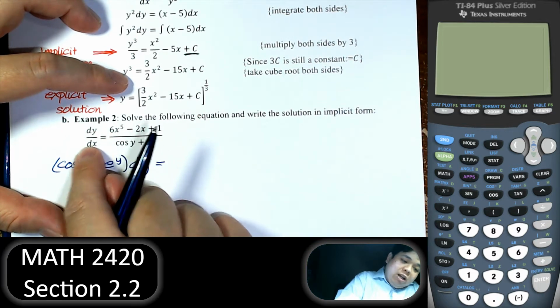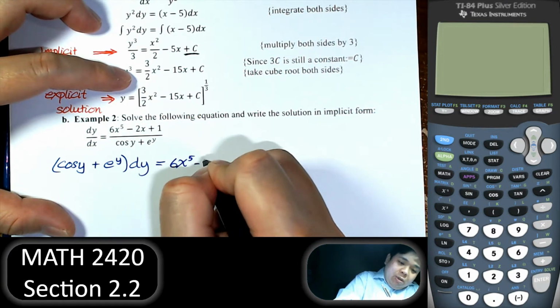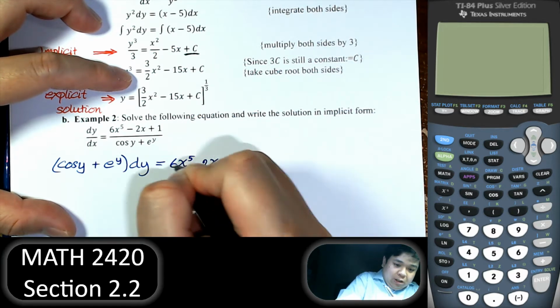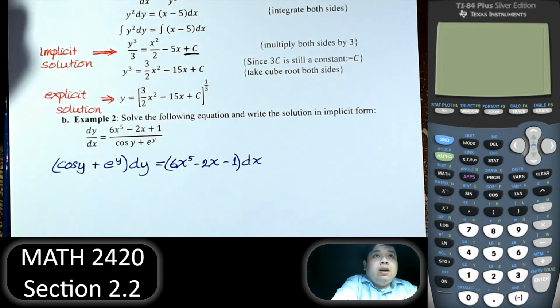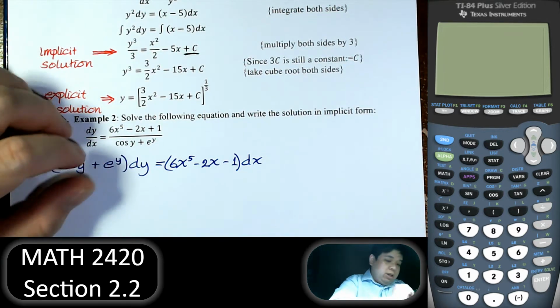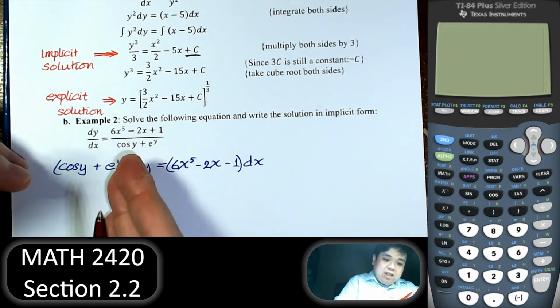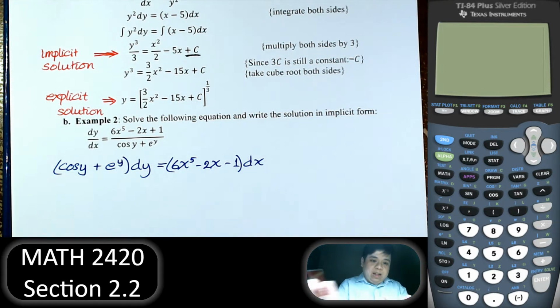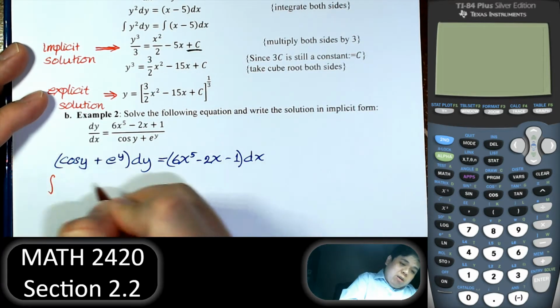And then dx on the other side, 6x to the fifth minus 2x minus 1. Now we just integrate. So separate x away from y, x on one side, y on one side, integrate. So that's all there is to it. The concept is pretty simple.